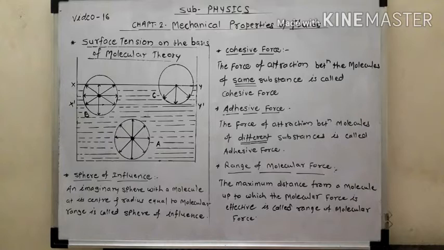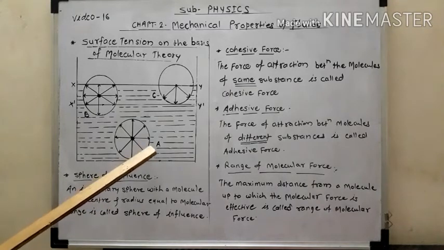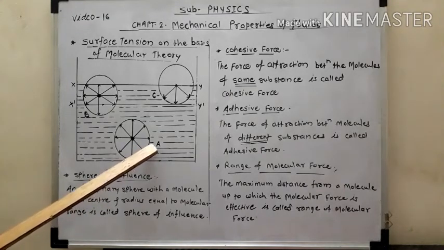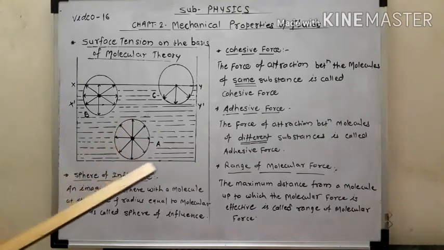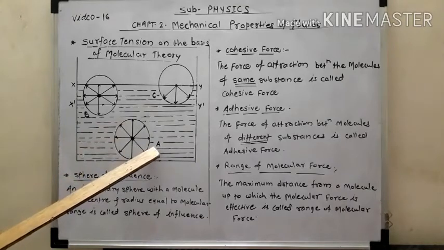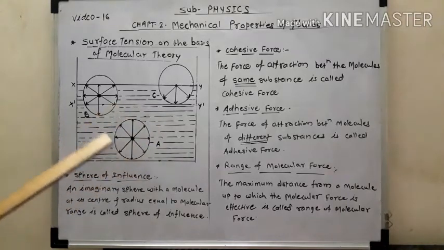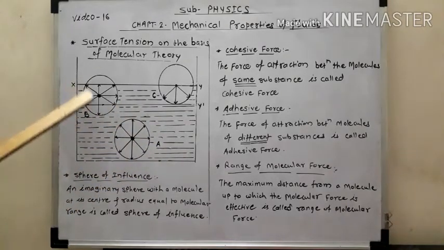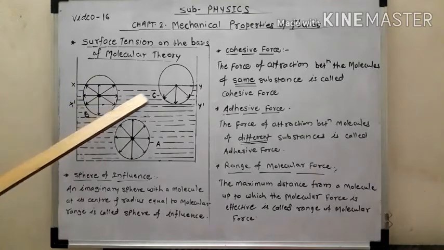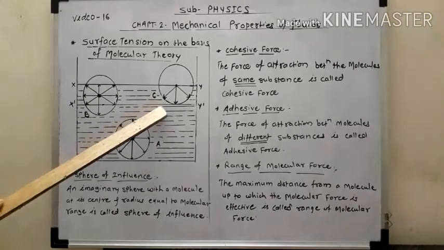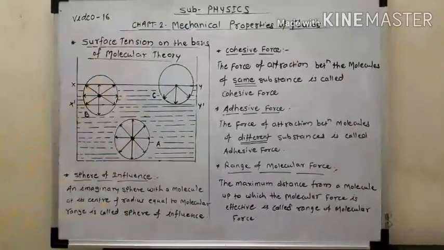For that purpose, we have to consider here three molecules under the influence of the spheres A, B and C. Sphere A is well within the liquid. Sphere B is just below the liquid surface, and sphere C is just above the liquid surface.